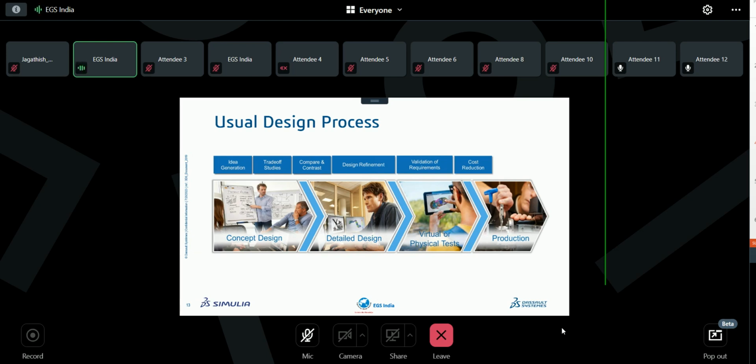All these are compared and contrasted so that it can give you a refined design, in the sense it will give you a total view of your product.